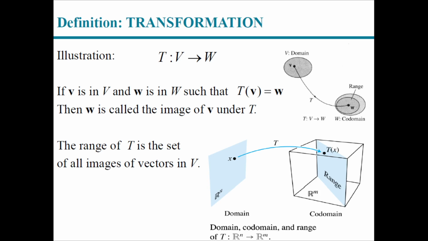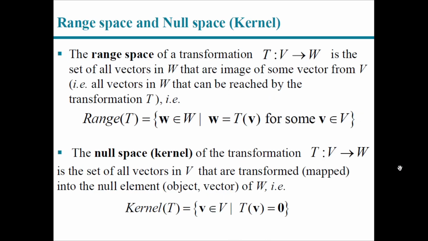So it will be interesting to see what is the range of a transformation. Again, domain, and then the transformation transforms things into objects of the codomain, and the set of images is called the range of the transformation.